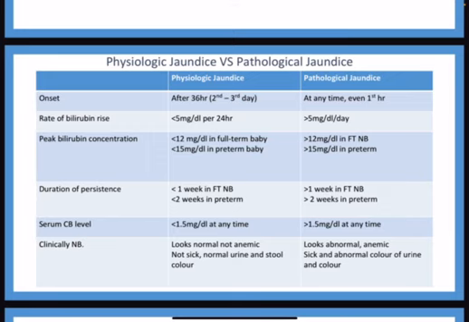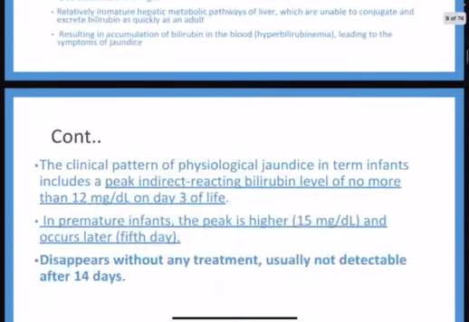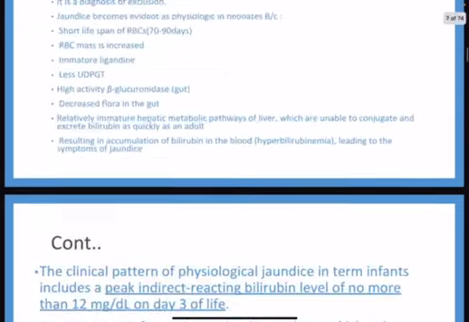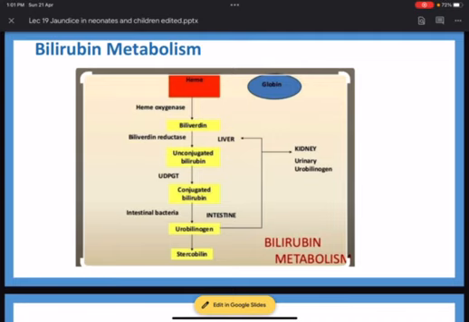If you go back to this, we say that conjugated bilirubin stays in the intestine for a while, during which intestinal bacteria turn it into urobilinogen, right? So if this duration is prolonged, more urobilinogen will be produced, right? So more urobilinogen will go back to the liver.